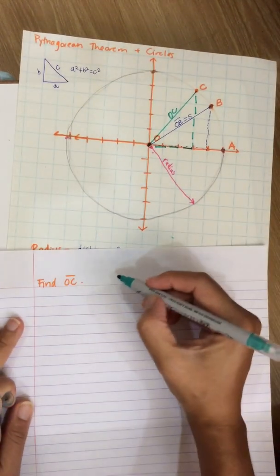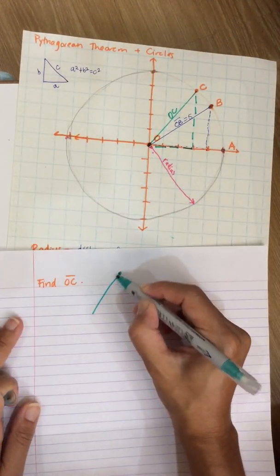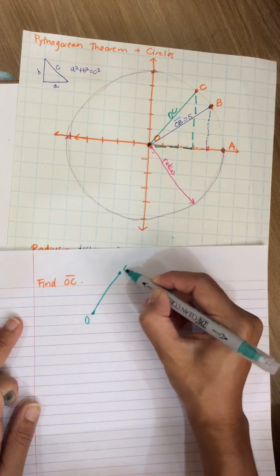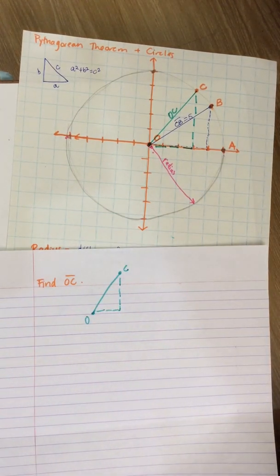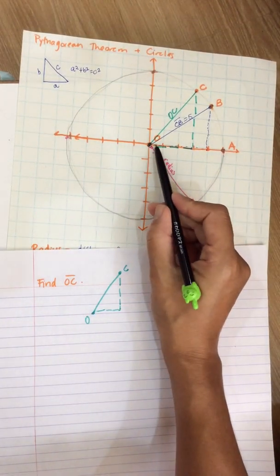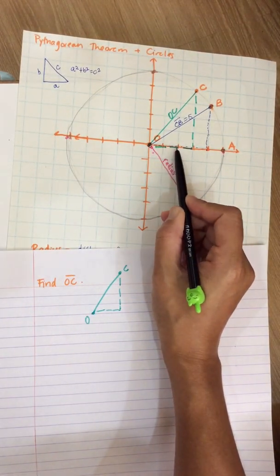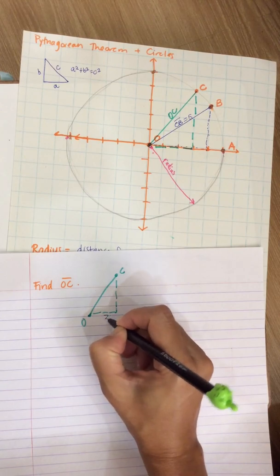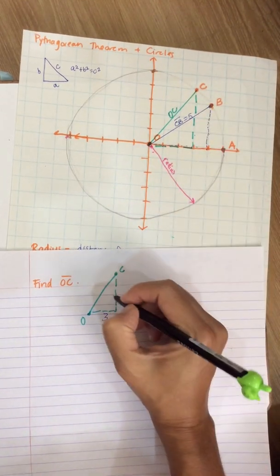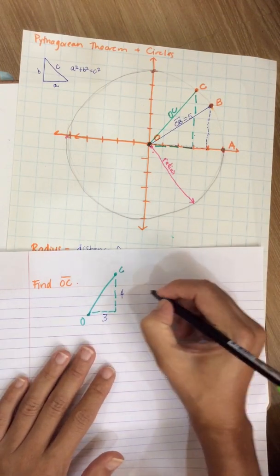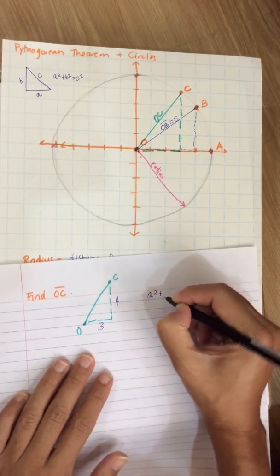So when I come over here and draw that, there's O, there's C, I'm going down some, I'm going over some. Now let's count. What's the distance of this leg? 1, 2, 3. Let's label it. What's the height of this leg? 1, 2, 3, 4.